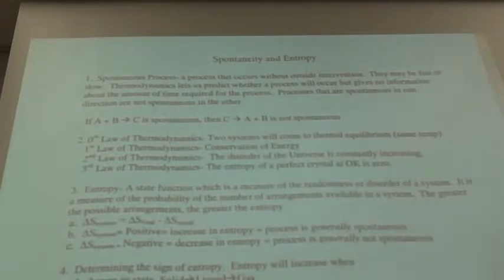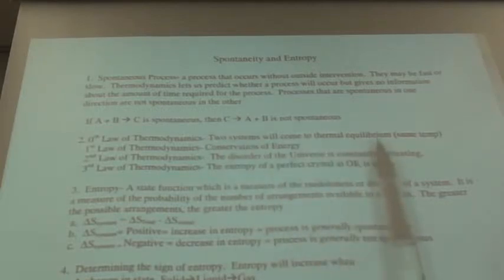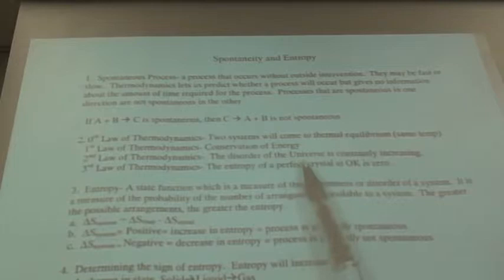All right, let's talk about the laws of thermodynamics. The 0th law of thermodynamics is that two systems will come to thermal equilibrium. That would be the fat Russian and the snowbank. The first law of thermodynamics is the conservation of energy. The second law of thermodynamics is that the disorder of the universe is constantly increasing. I am not talking about the universe that contains the Milky Way.